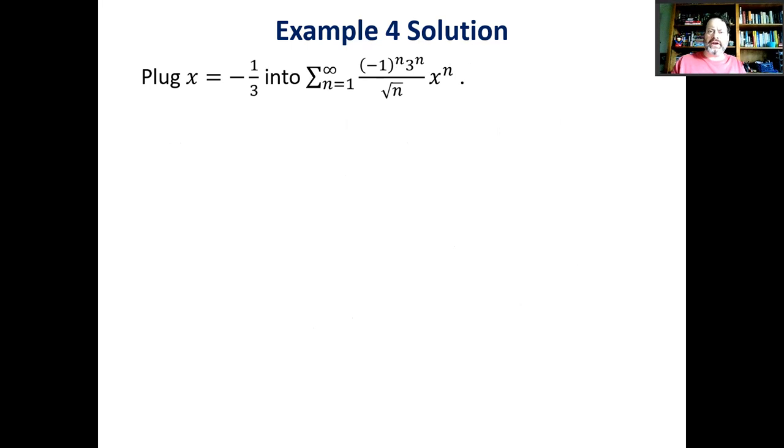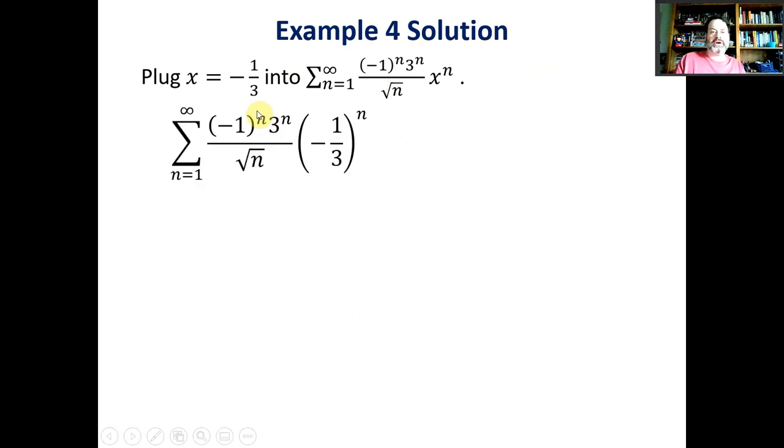So I always start with the negative endpoint. I just like to go left to right. There's our original series. Plug in negative 1/3. And then a bunch of stuff cancels, right? So 3 to the n and negative 1/3 to the n and negative 1 to the n. So the negatives cancel, right?